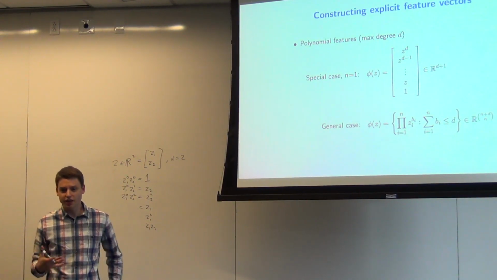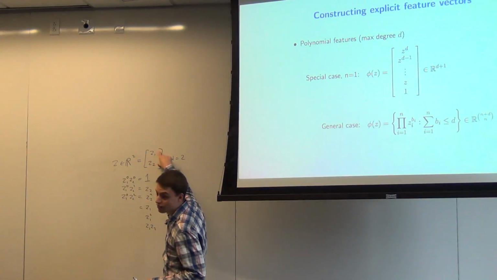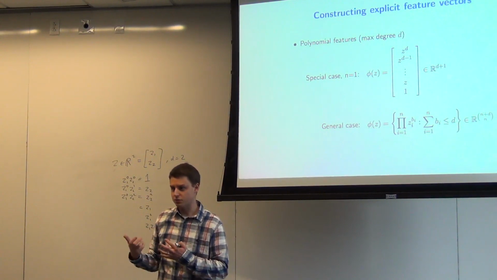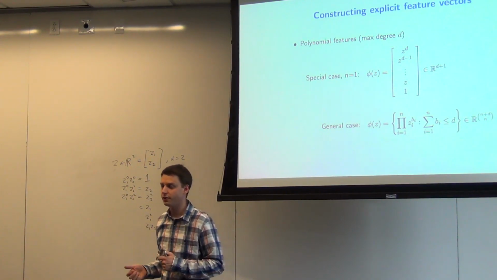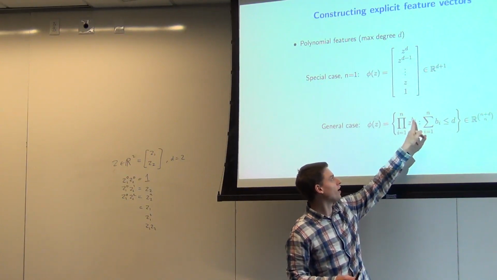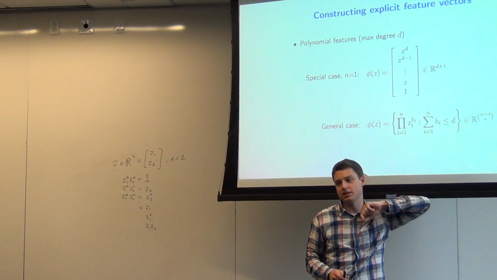And you can imagine that as this goes higher, and in particular as the dimension of your input gets bigger and bigger, you're going to have a lot of different cross terms. You need all possible combinations here. And I'm just writing it like this: basically, the set of all products raised to some powers b_i, where these powers have to sum to being less than or equal to d.